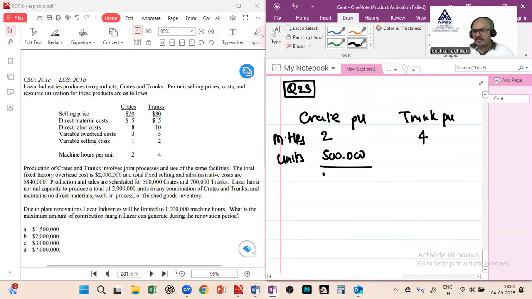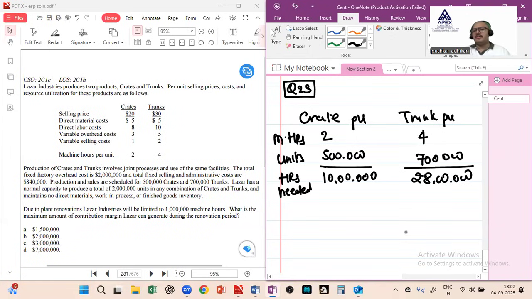Sir, 500,000. So the hours needed over here itself are 1 million or 10 lakh. And what about trunks? 700,000. So you're looking at 28 lakhs or 2.8 million hours. So you need a total of how many? 38 lakhs or 3.8 million hours are needed.